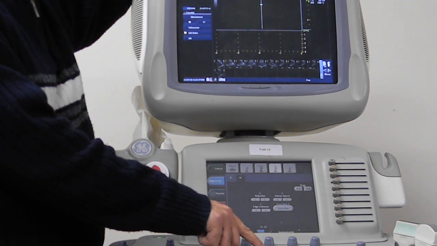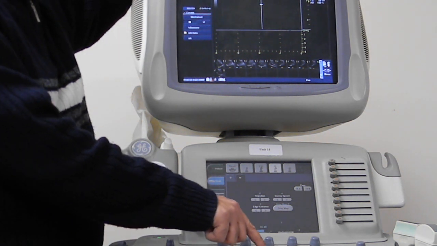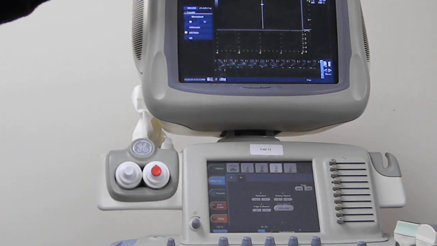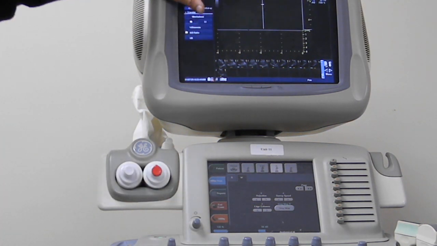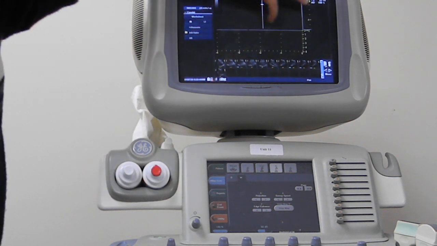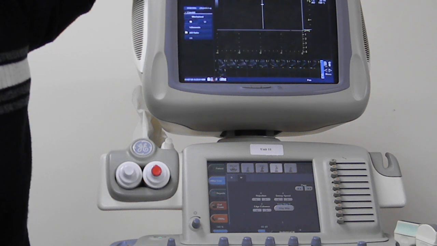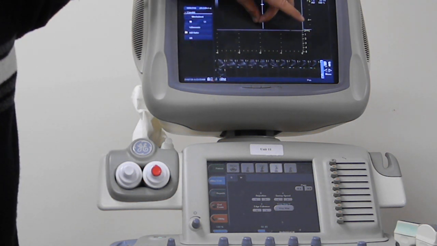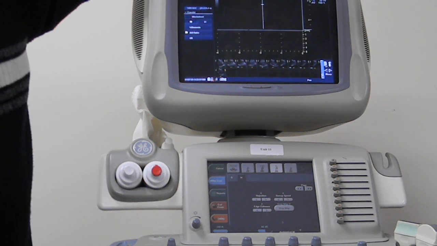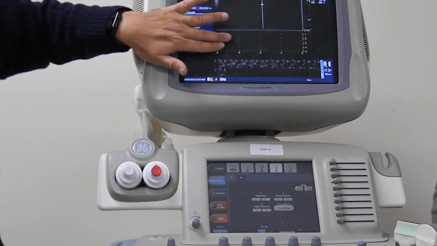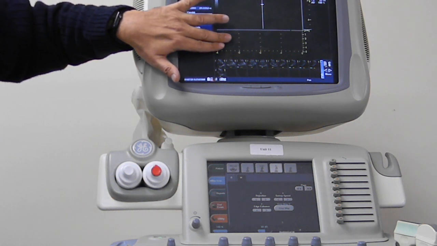Now it's on because you see that it turned green. Now what you will see here is two things. This is still your B mode image, whereas what you will start seeing down here is going to be M mode.